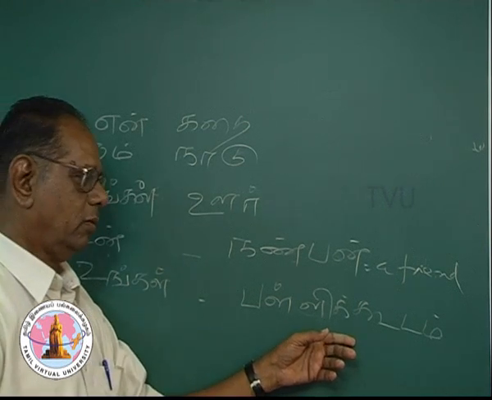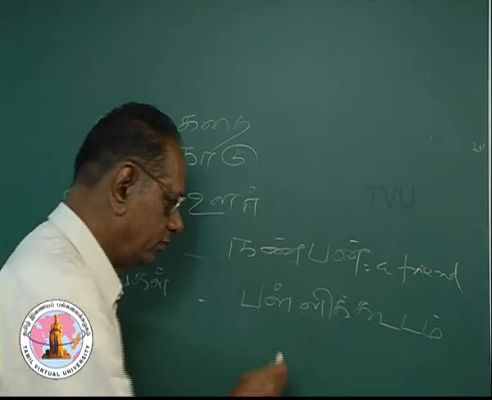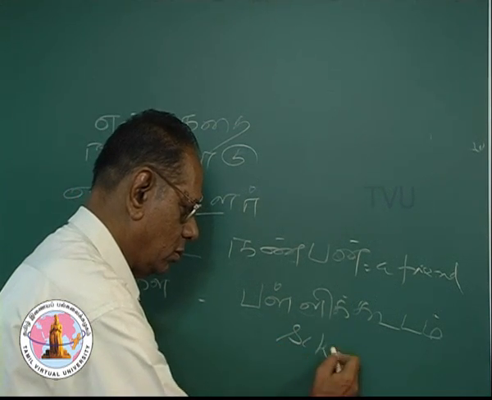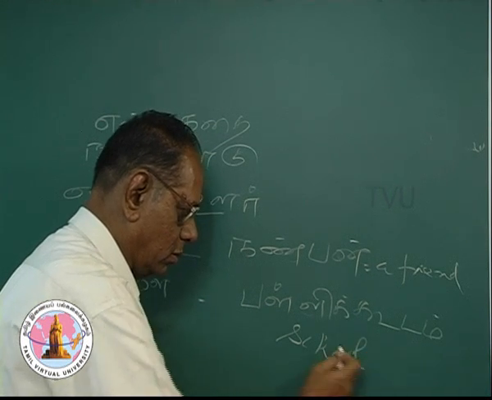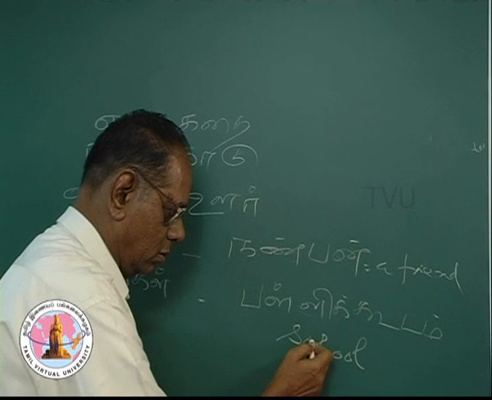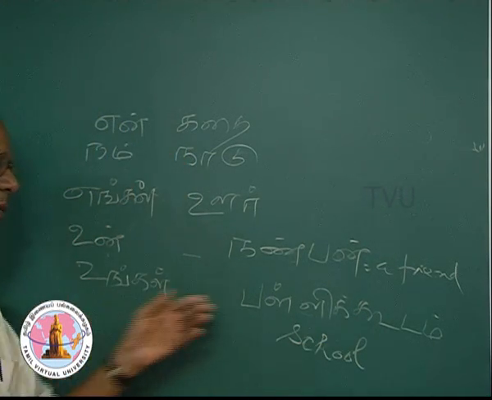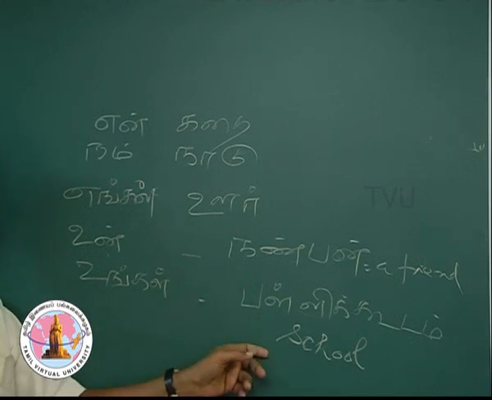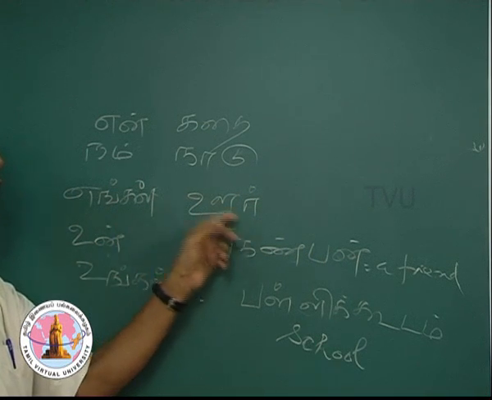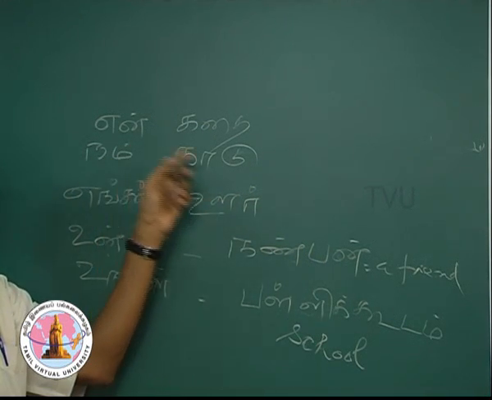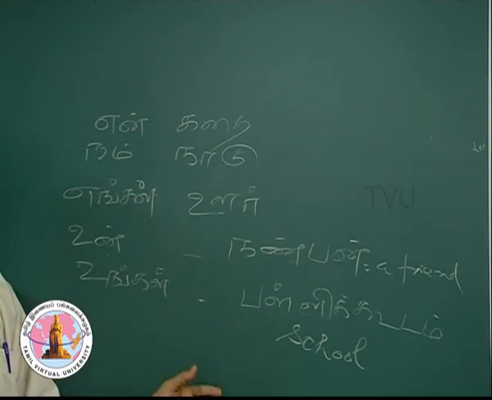பள்ளிக்கூடம். Have you come across this word? பள்ளிக்கூடம், school. உங்கள் பள்ளிக்கூடம், your school. உன் நண்பன், your friend. எங்கள் ஊர், our town. நம் நாடு, our country. என் கதை, my story.